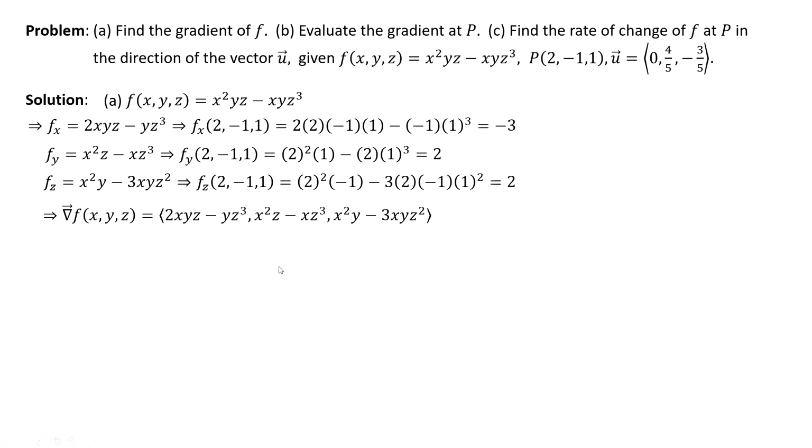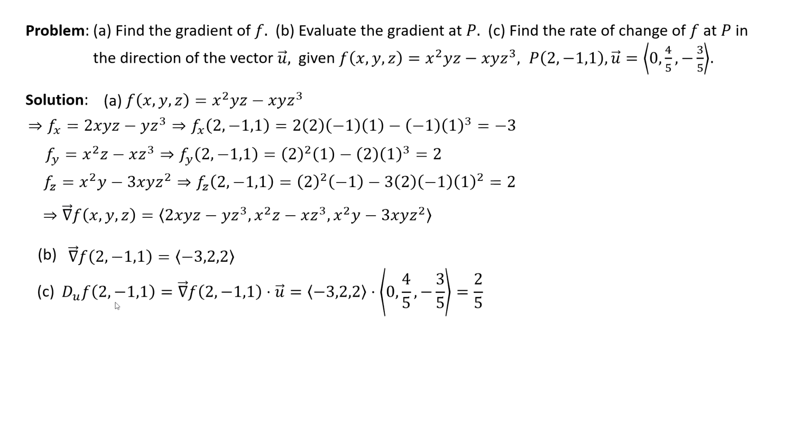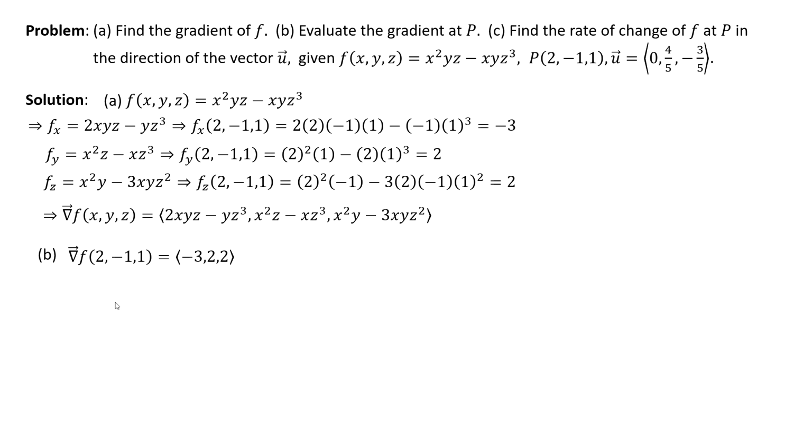Because of that simplicity, we use the operator del. And del f evaluated at (2, -1, 1): we figured out each of these values, -3, 2, and 2. So that would be that vector.